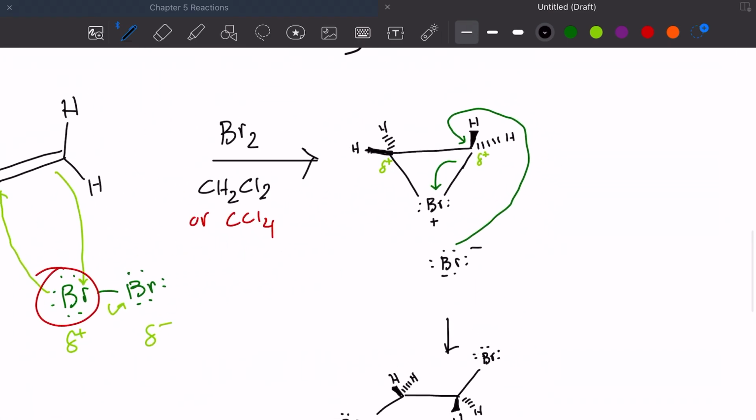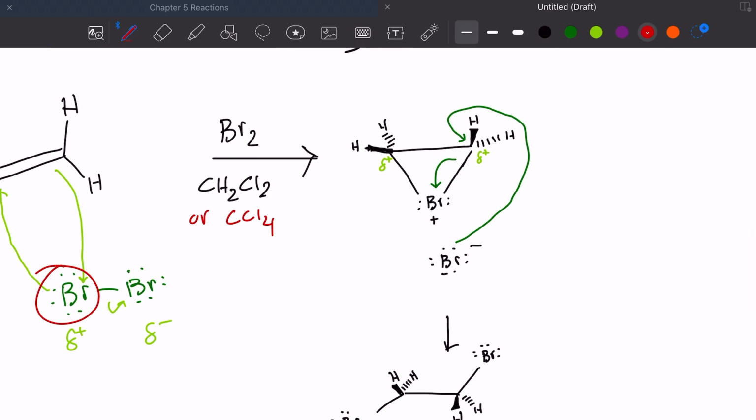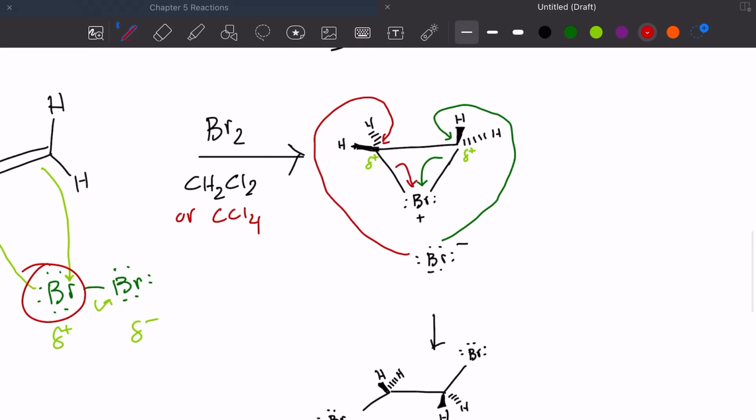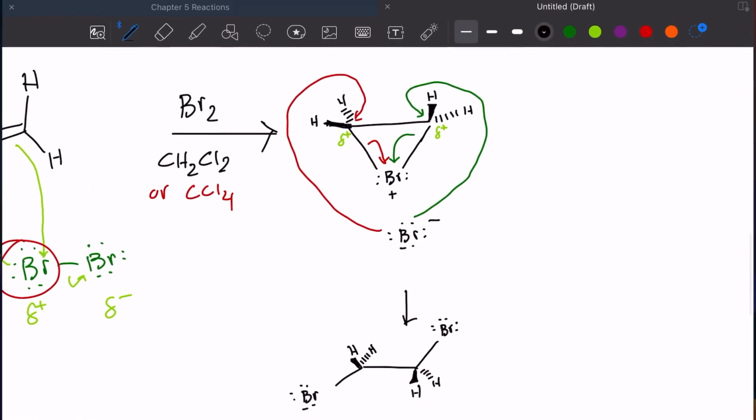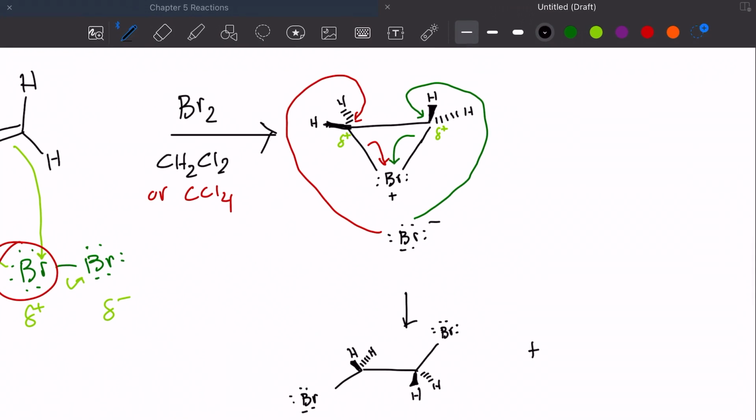And also recognize that it can add from any side. So this bromine could come around and add like this and break off this bond. So you'd also get a product that would look something like, let me redraw, it would look something like this. It's important to know this because the stereochemistry might differ.